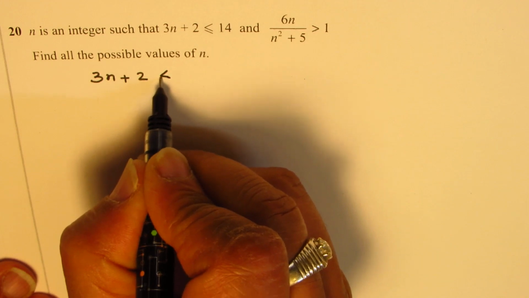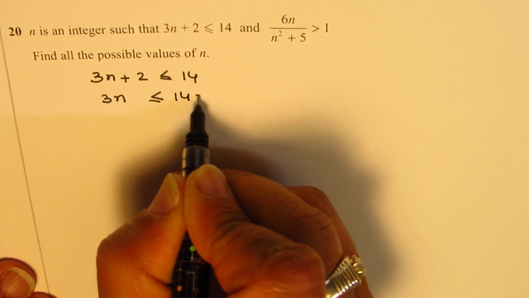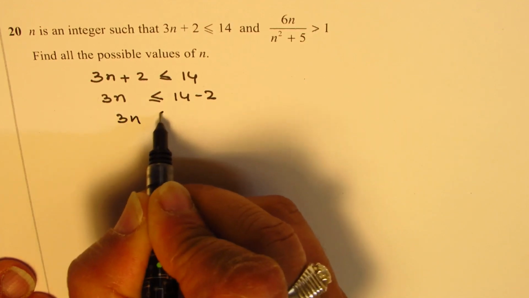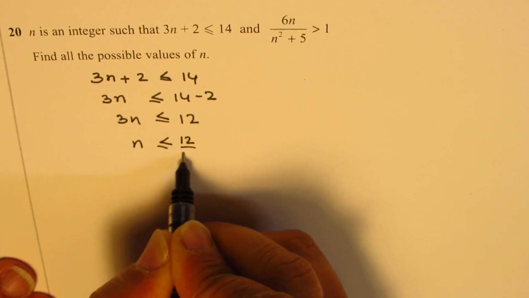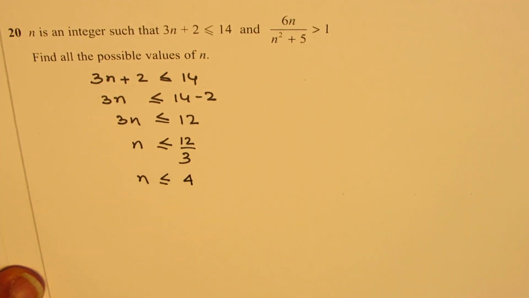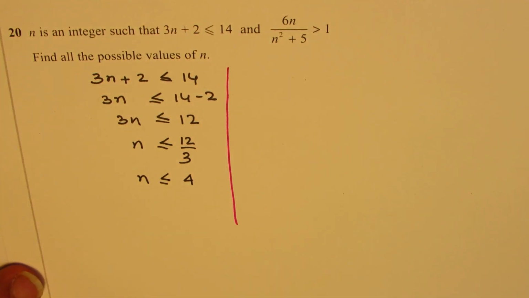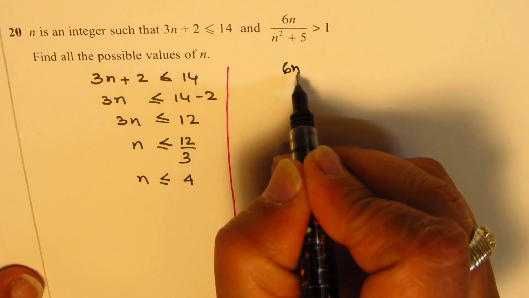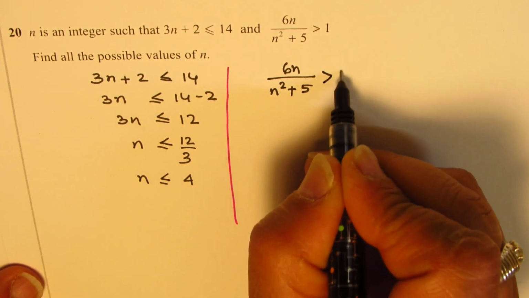3n plus 2 is less than or equal to 14 means 3n is less than or equal to 14 minus 2, or 3n is less than or equal to 12, n is less than or equal to 12 over 3. So we get n is less than or equal to 4. So that is one condition, correct? From the other condition, we get 6n over n squared plus 5 is greater than 1.